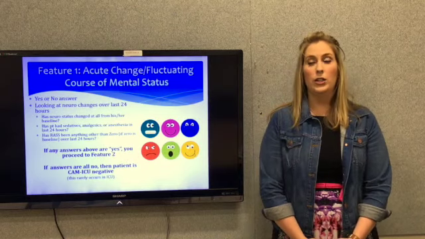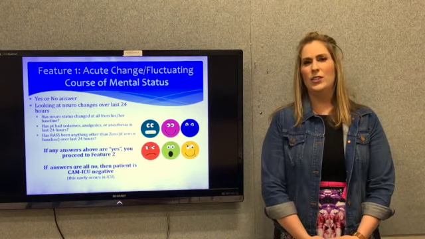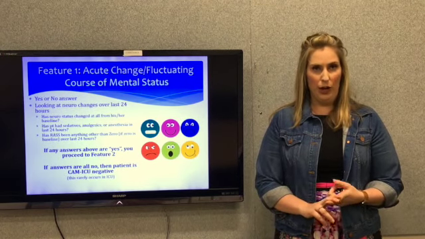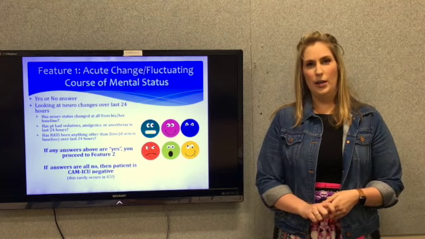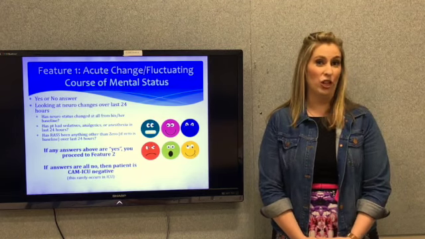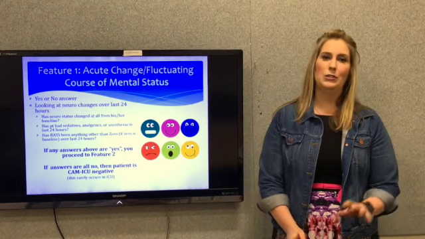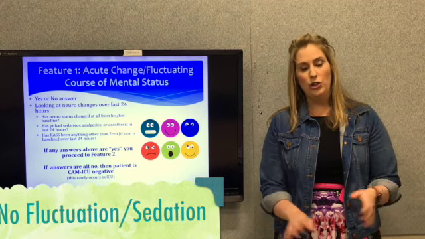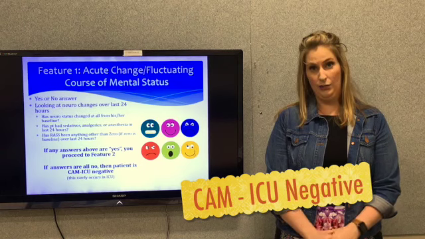So feature 1 is acute change or fluctuating mental status. It's just a yes or no answer. Has this patient in the last 24 hours had a RASS other than 0? Or has their mental status from baseline changed at all? If the answer is no to both of those, which is usually not the case in the ICU, then you are done. They've had no fluctuation, no changes, then they are CAM-ICU negative.